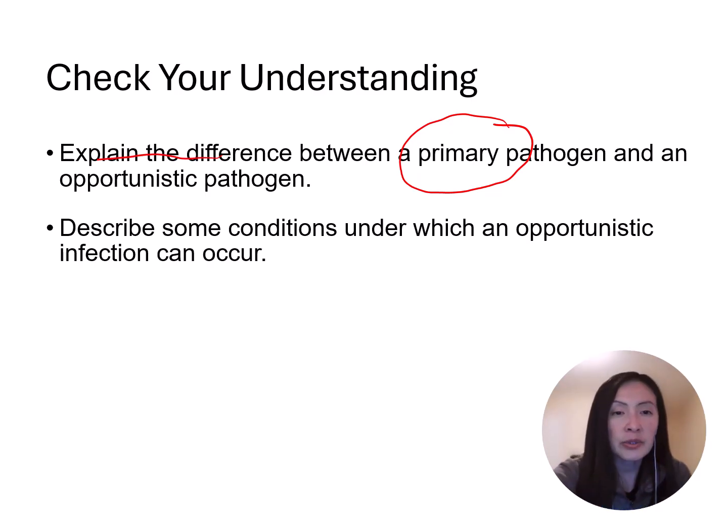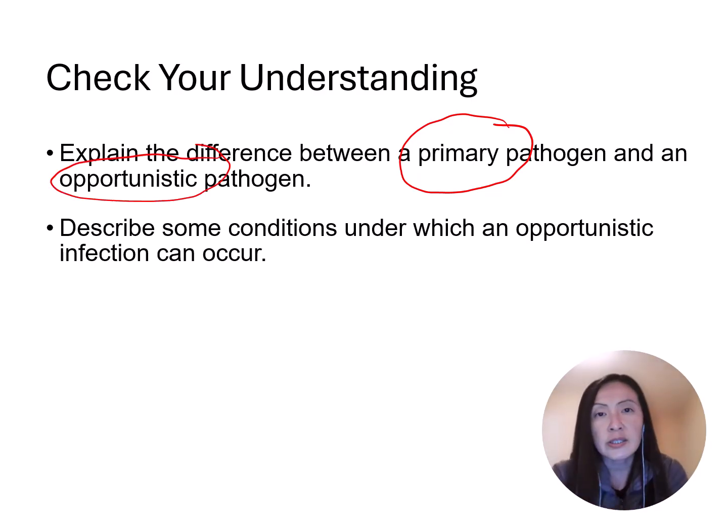Opportunistic pathogens cause disease when the host defense is weakened or compromised, or the microbe gains access to an unusual body site, such as E. coli entering the urethra.